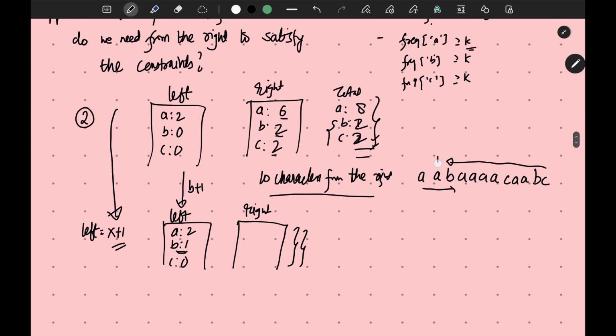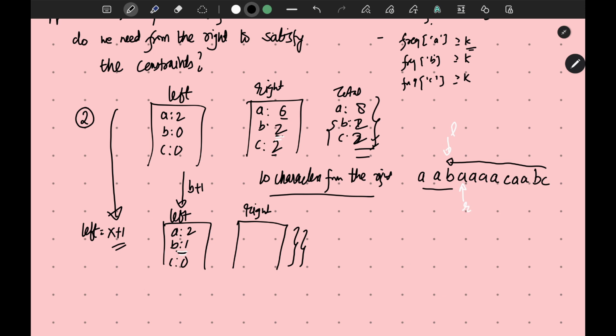Earlier our left was here and our right was here. Now we have incremented our left. Let's say left is here, so now we have more quantities of B. That means we can reduce at least one B from the right, so we can move this R to here.